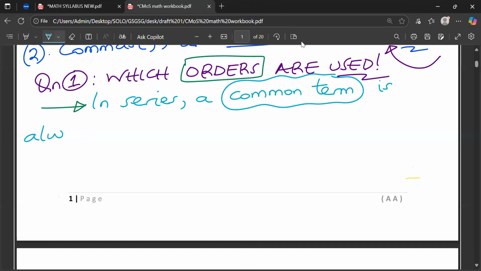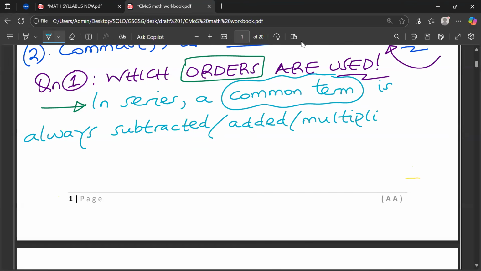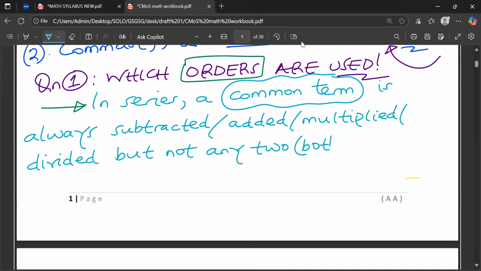is always subtracted or added, but not any two or both at once in the same series.